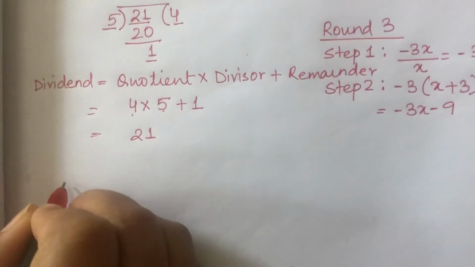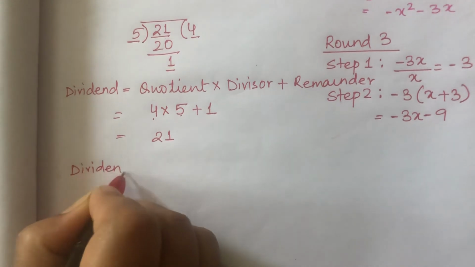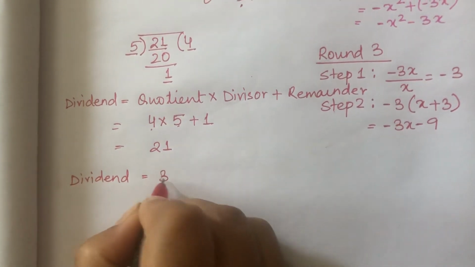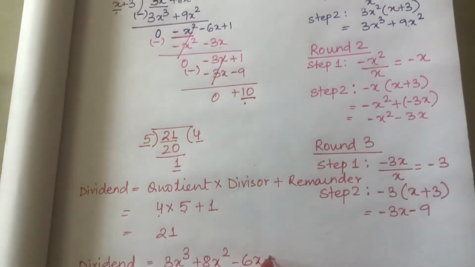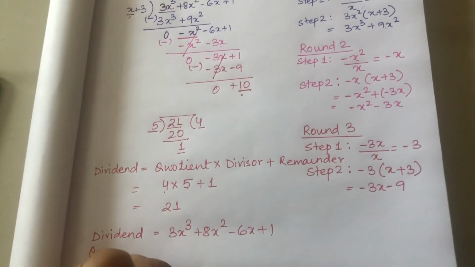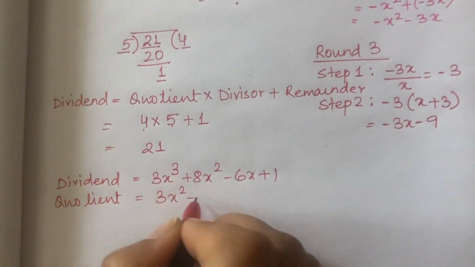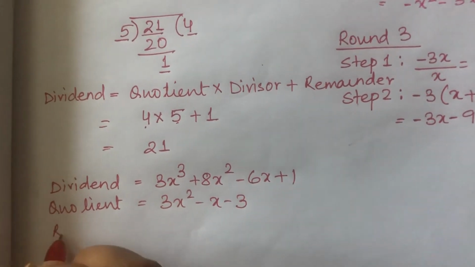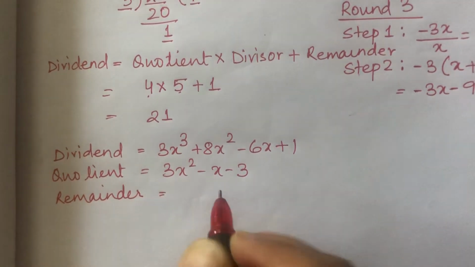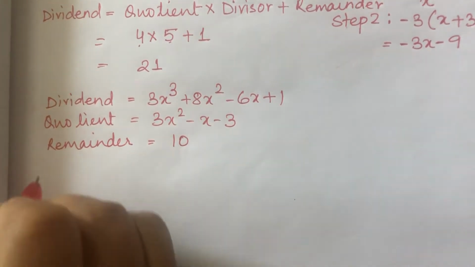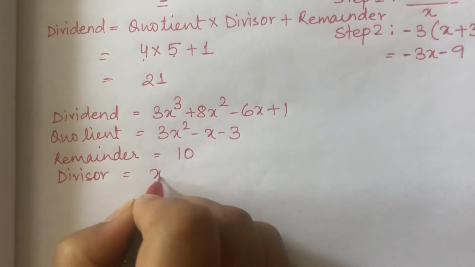So in this case, my dividend is 3x cubed plus 8x squared minus 6x plus 1, quotient is 3x squared minus x minus 3, remainder is 10 and divisor is x plus 3.